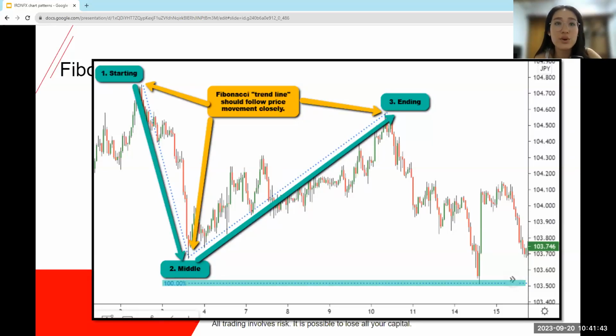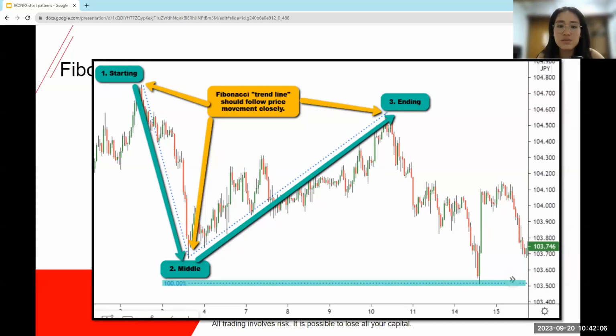So it's important for your Fibonacci trend line to follow price movement or market structure really closely. So price has also bounced off of the 100% Fibonacci level over here. So you can see this is our flash shape, and we're expecting price to go down towards our 100%. You can see it reversed off nicely.